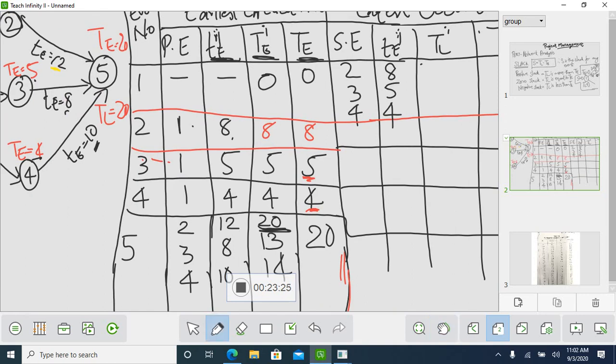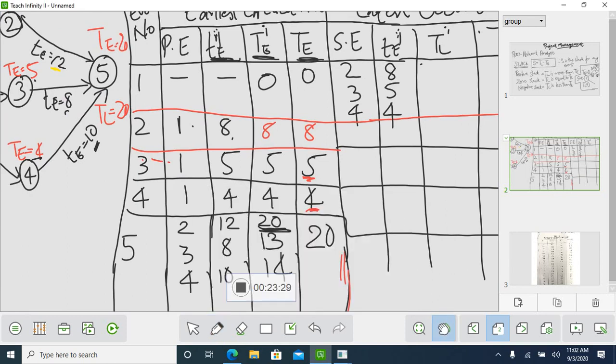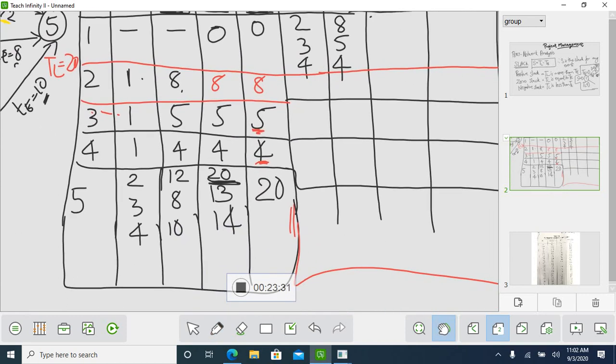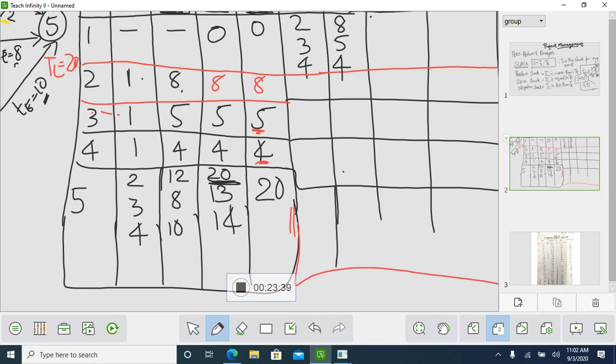So what you will write? You don't have any successor event, no successor event. Then you will be writing TE, which is your 20. So you will be taking automatically 20.